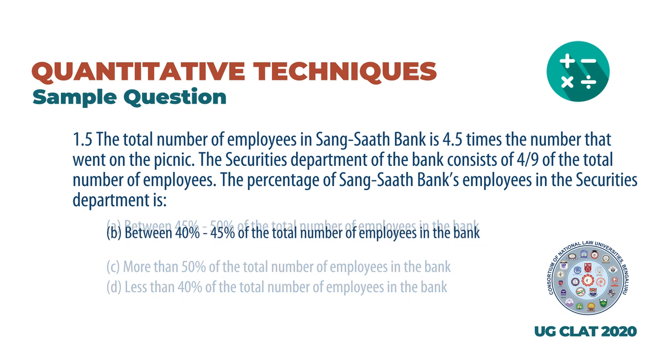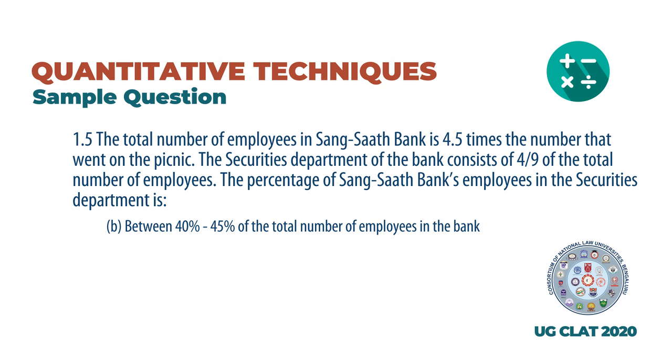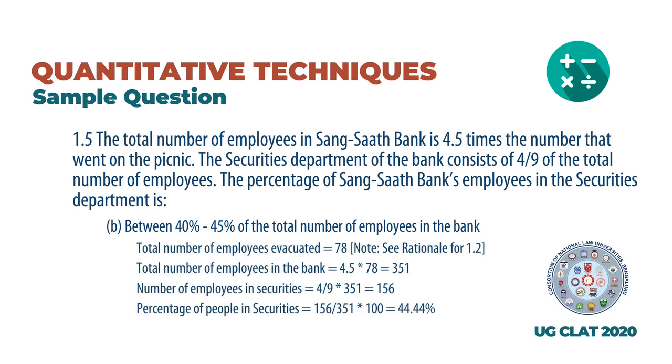The correct answer is B, and this is how we arrived at the calculation. The total number of employees evacuated equals 78 as per calculations in previous questions. The total number of employees in the bank is equal to 4.5 multiplied by 78, which is equal to 351.